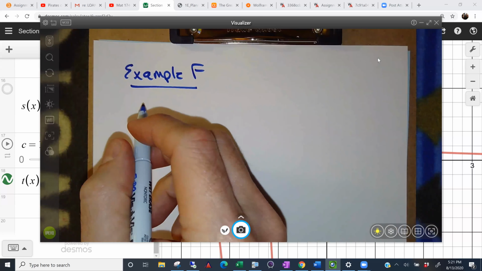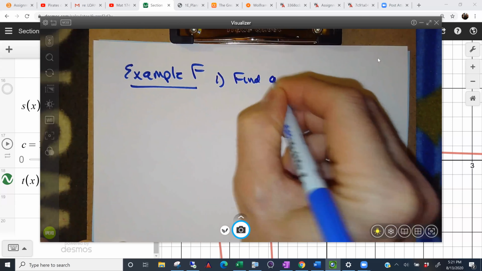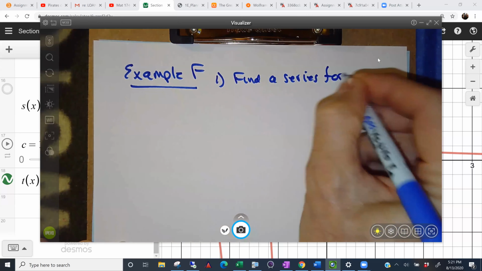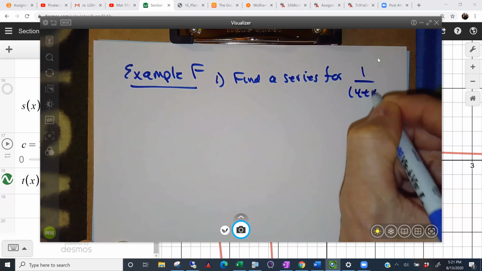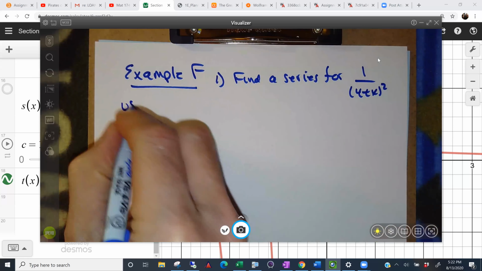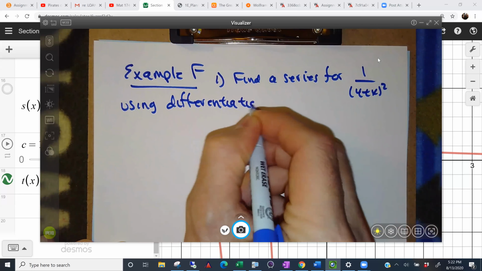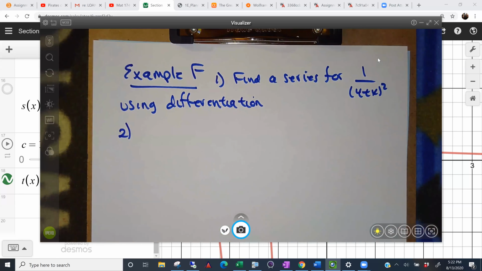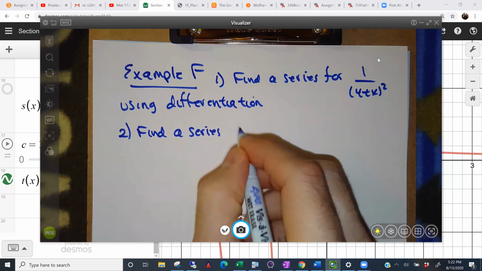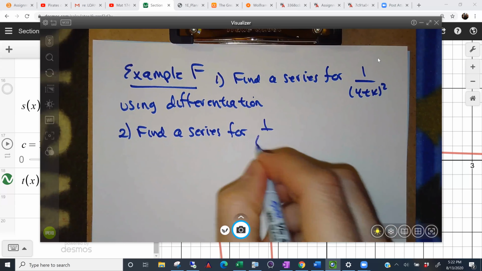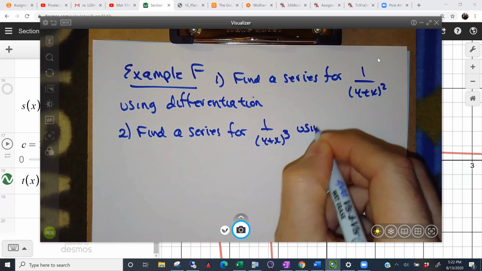Okay, example F. We're going to do several things here. First of all, find a series for 1 over 4 plus x squared using differentiation. Once we have that, we're going to find a series for 1 over 4 plus x cubed using differentiation.